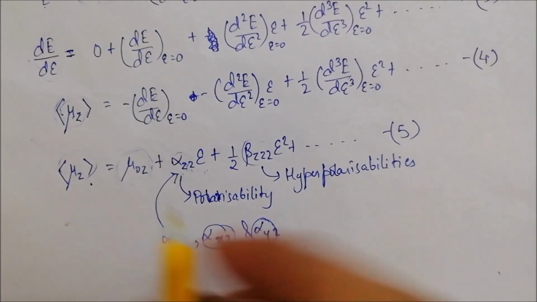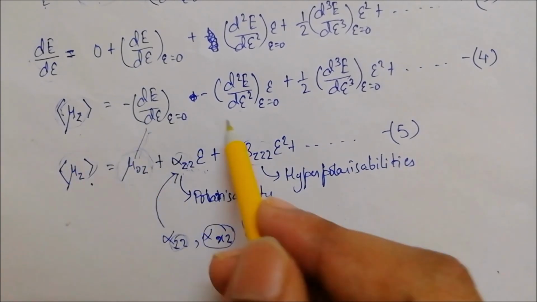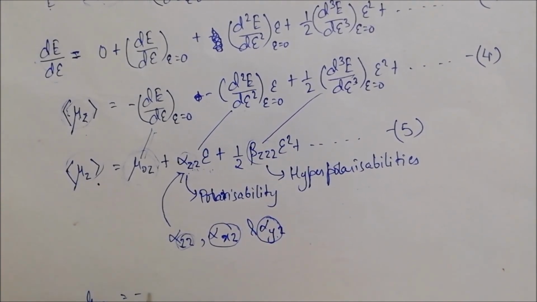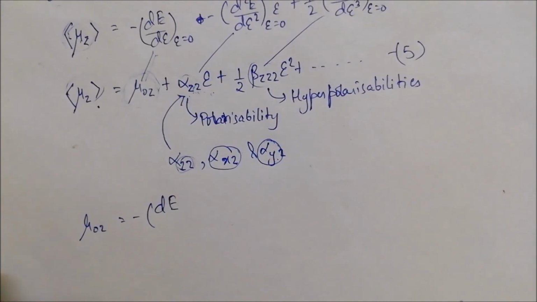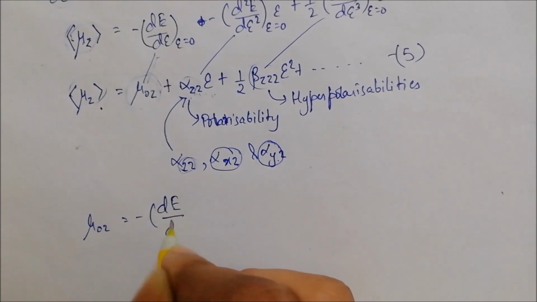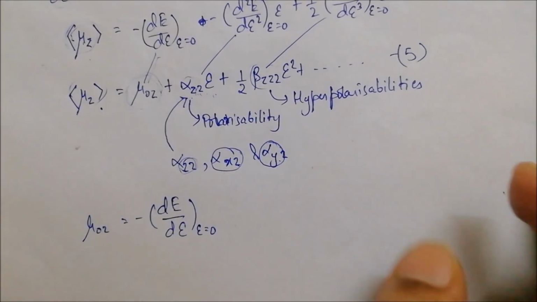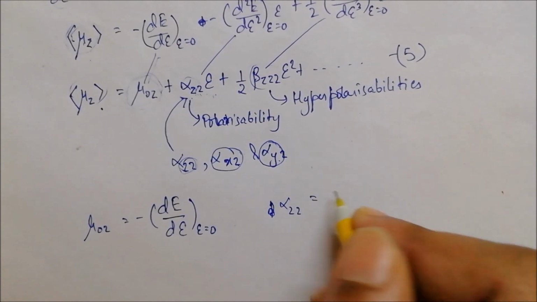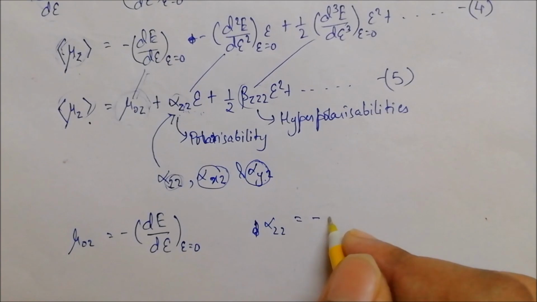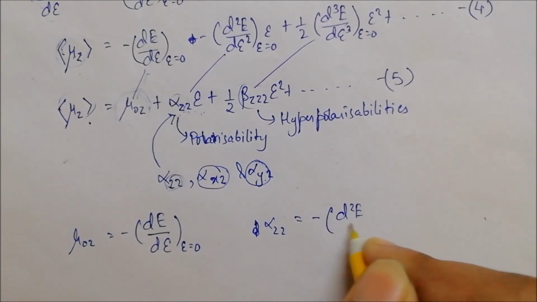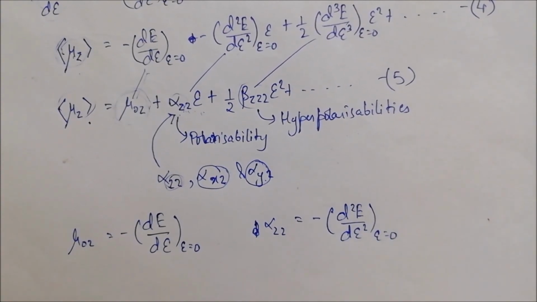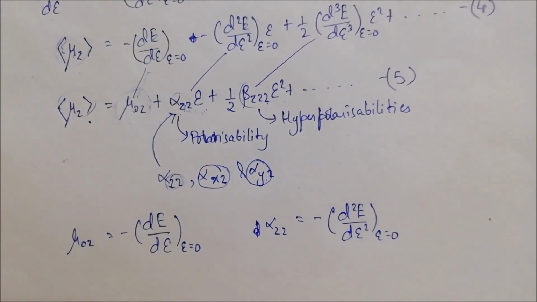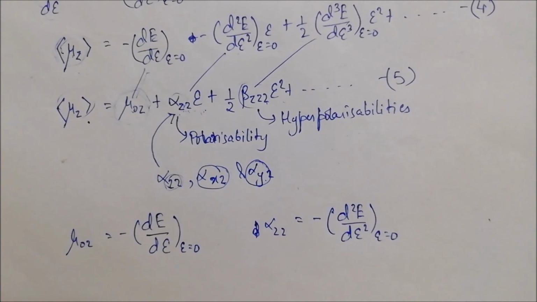So now comparing these two terms, we can see that we can relate mu 0 z equal to minus dE/dE at E equal to 0, okay, it's not visible, and alpha zz equal to the second order derivative d2E/dE2 at E equal to 0. So we are just comparing these two power series, and as I explained in the perturbation lecture, we can compare the similar powers in the power series.